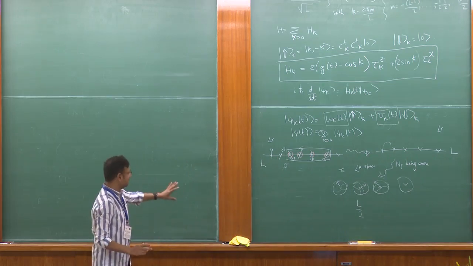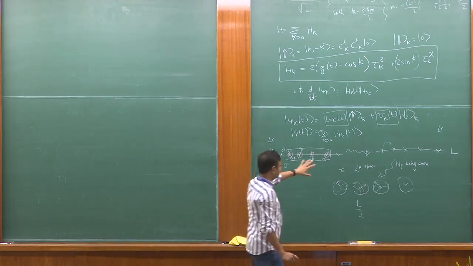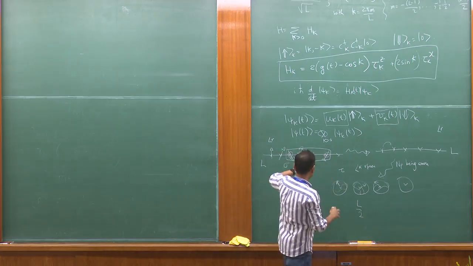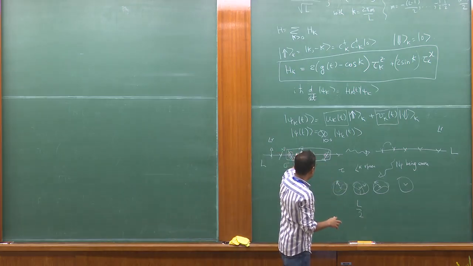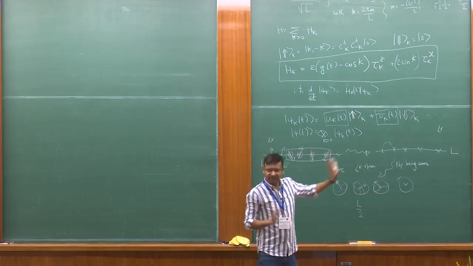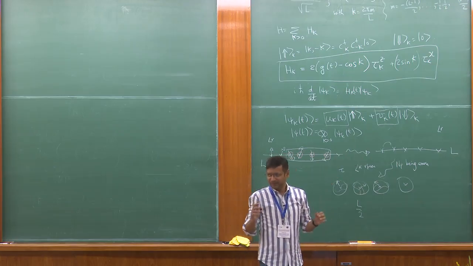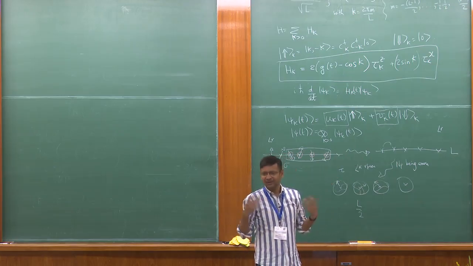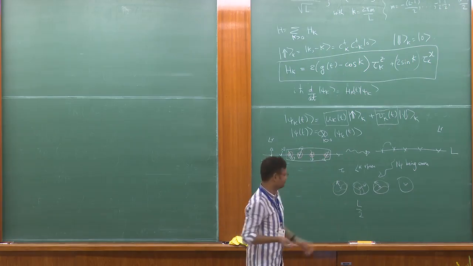So basically, before we do calculations, I need to tell you how to get the entanglement entropy in terms of correlation functions of the spinless fermions, right? But all of you can understand there are only 2 kinds of correlation functions in this problem.